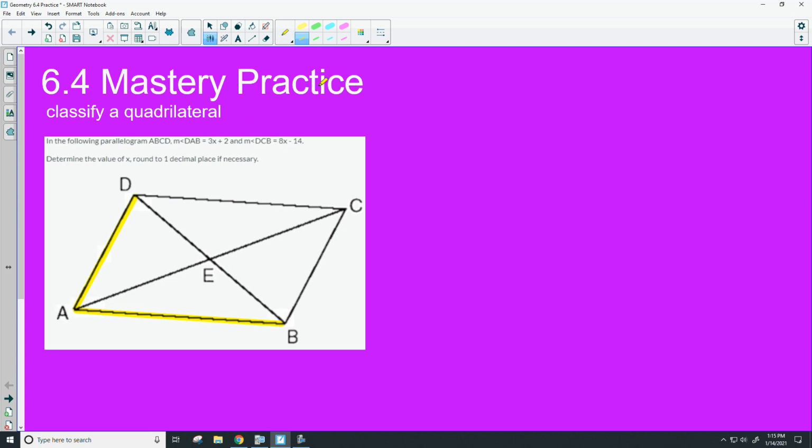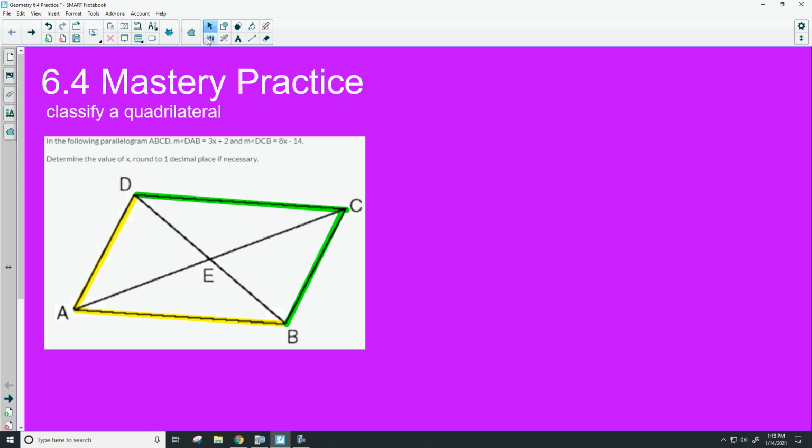And then DCB, I'll change colors, this angle up here is 8x minus 14. Determine the value of x.